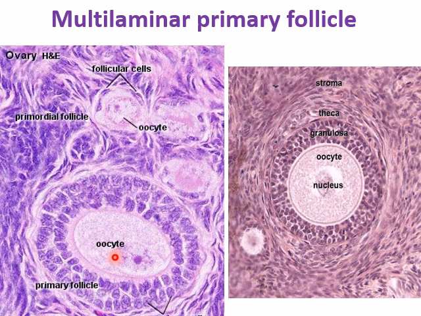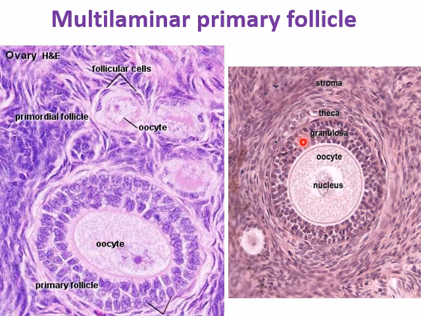The follicular cells undergo mitosis, so they become a stratified epithelium called the granulosa cells, and the zona pellucida starts to appear, which is secreted by the oocyte and the granulosa cells. And the connective tissue around the multilaminar primary follicle will form something called theca folliculi.